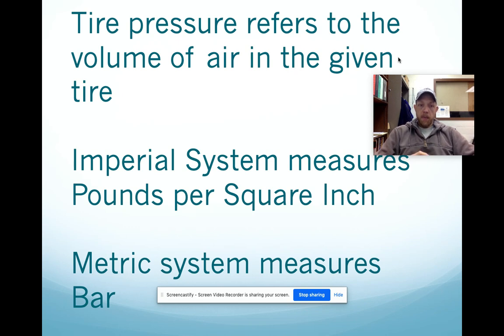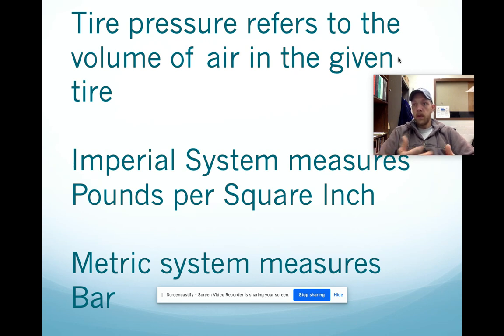When we check air pressure, in the imperial system, equivalent to inches and miles, we are using pounds per square inch. So in one little teeny tiny cube of an inch, how many pounds are there? And when you look at your air compressor in your garage, this can be a reading from like 10 up to 150. Sometimes they can get into the thousands depending upon the volume that we're holding.